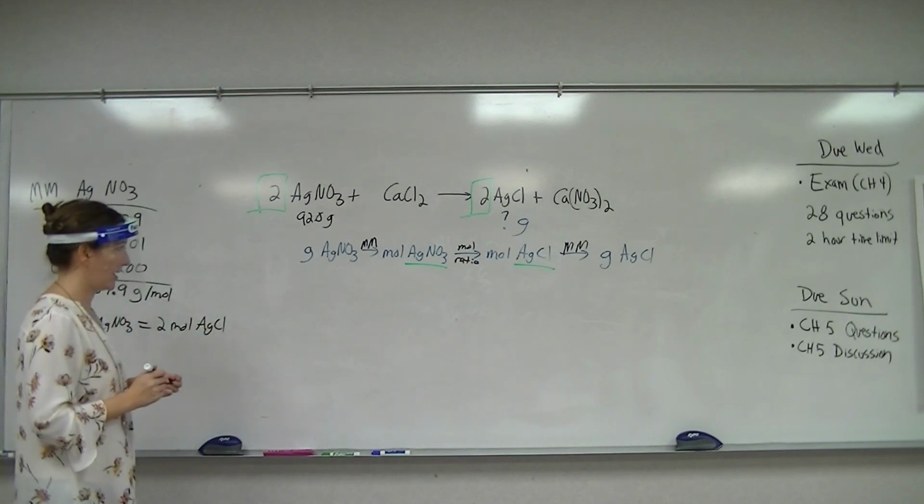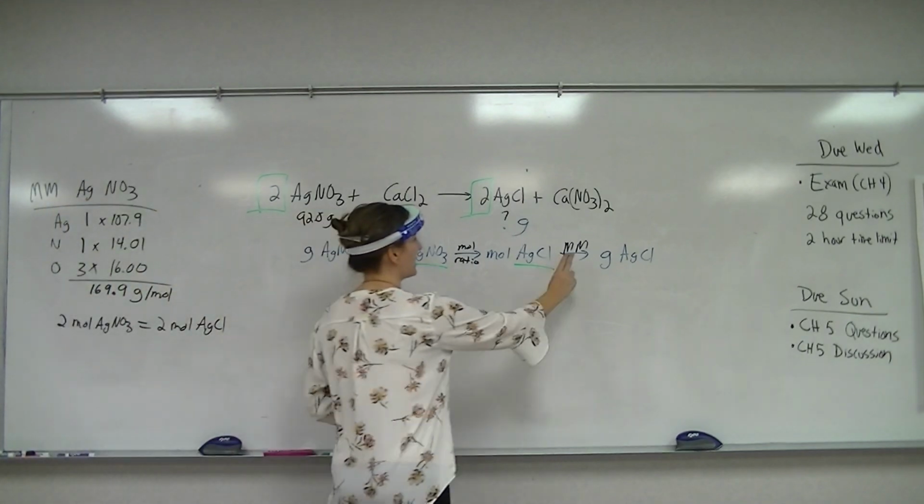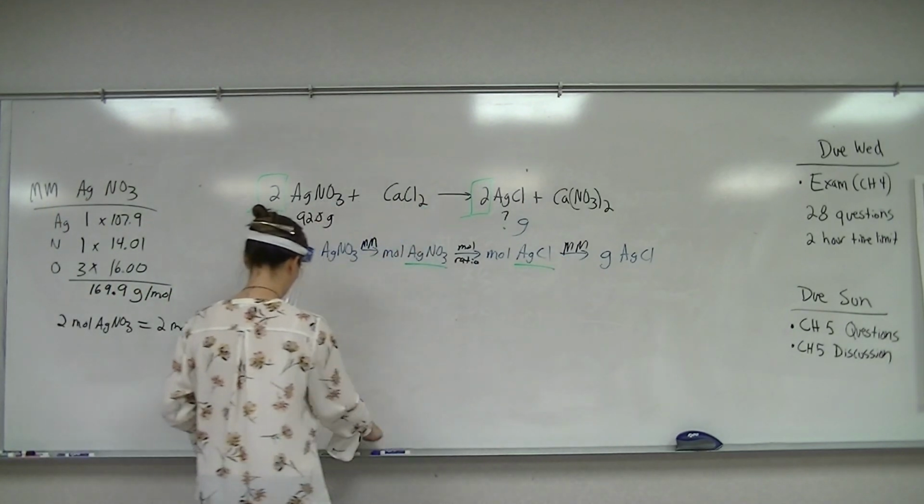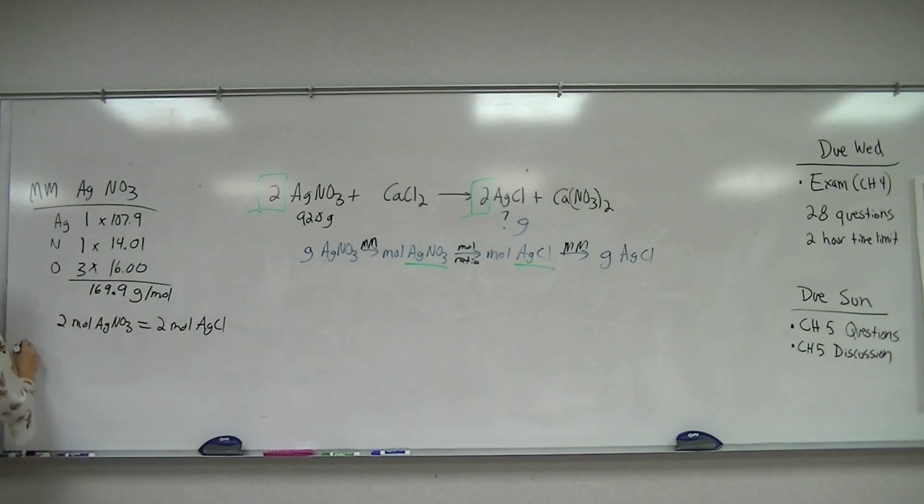Last but not least, I need the molar mass of silver chloride. So silver we have up here, one of them at 107.9. For the chlorine, I have one of them at 35.45.